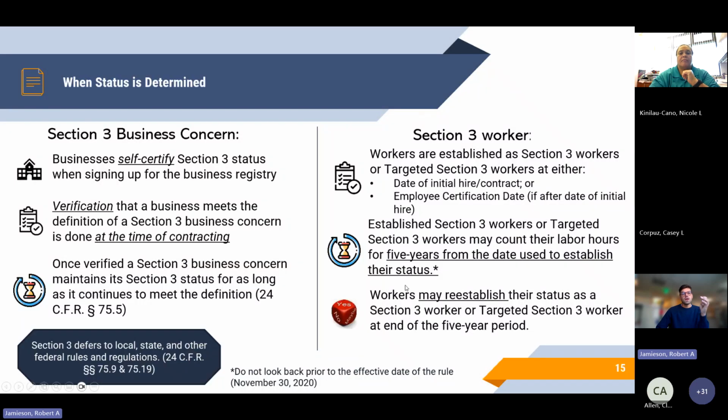Okay, so going back into the definitions, when is status determined for this? It depends on business versus worker. First and foremost, both businesses and workers can self-certify.